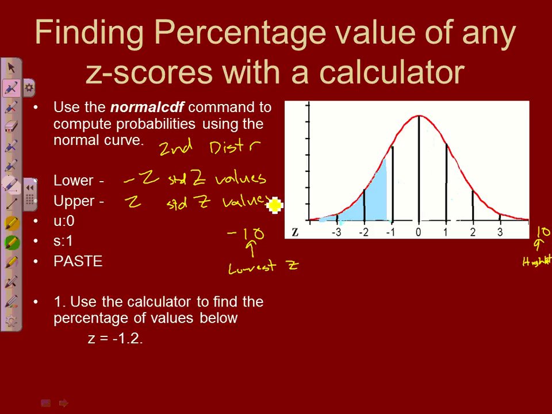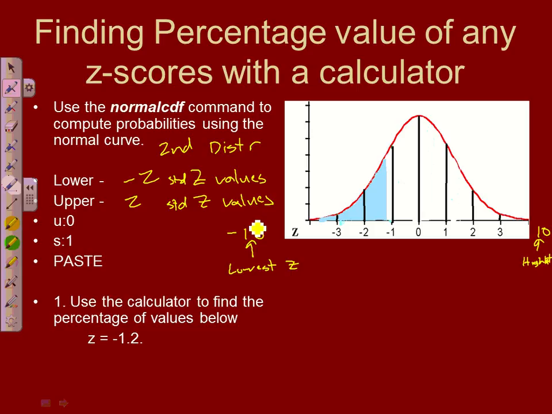That's because 10 standard deviations less than the mean will pretty much cover practically all of the area underneath it, and if you go beyond it, it'll be so insignificant that it won't even show up on your calculator. Same thing if I went higher than 10 standard deviations above my mean, it'd be so far away that anything higher than that wouldn't even show up on my calculator, okay?